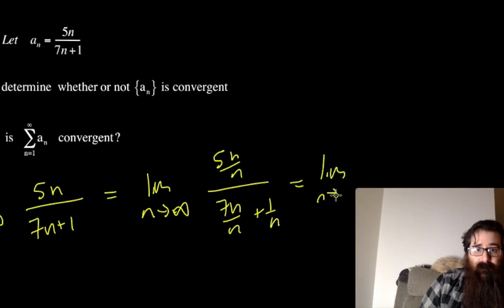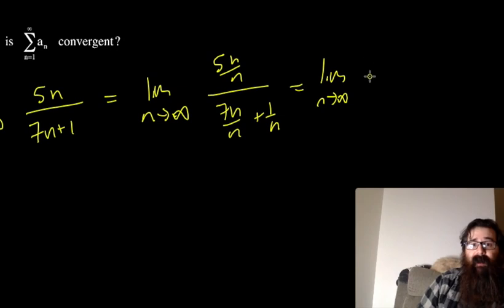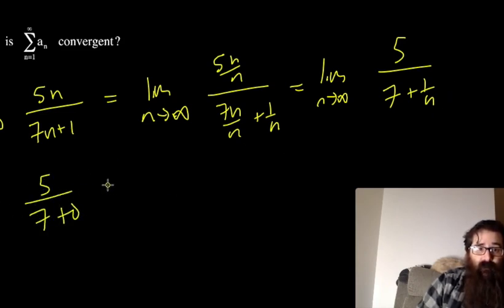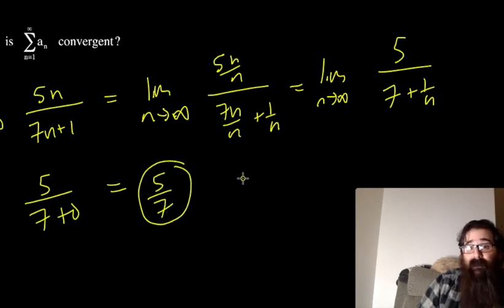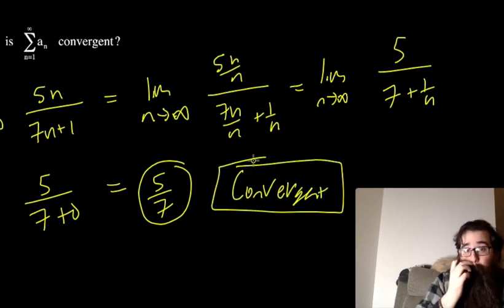And this is the limit as n goes to infinity of 5 divided by 7 plus 1 over n. And I can find this limit. Well, 1 over n goes to 0, so I get 5 over 7 plus 0, which gives me 5 over 7. And 5 over 7 is finite, so we would say that the sequence converges, convergent sequence.